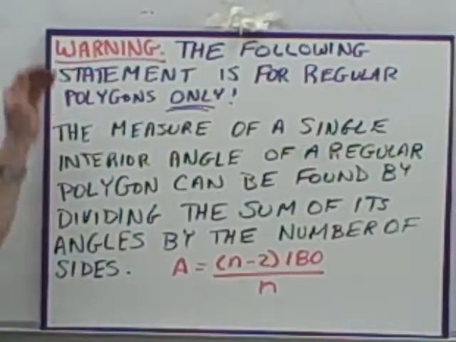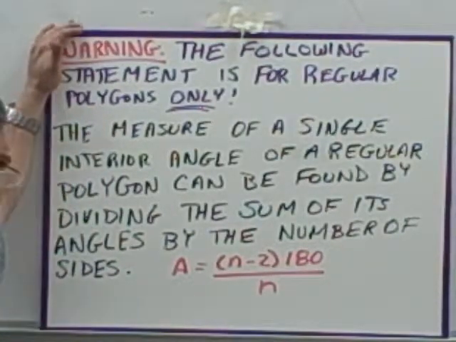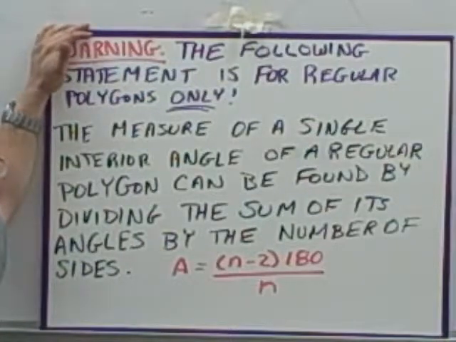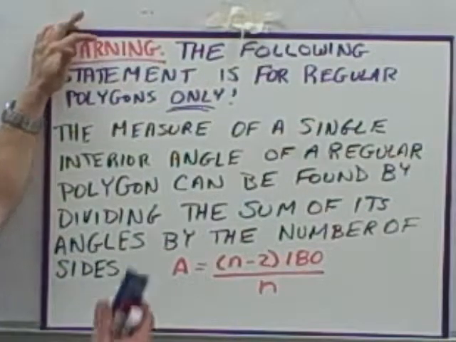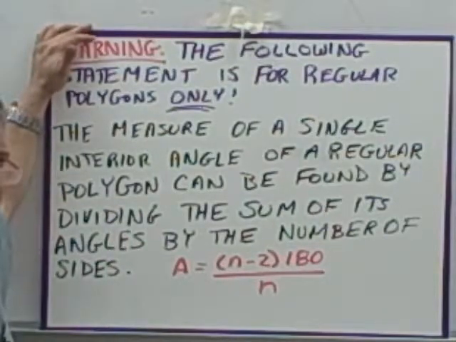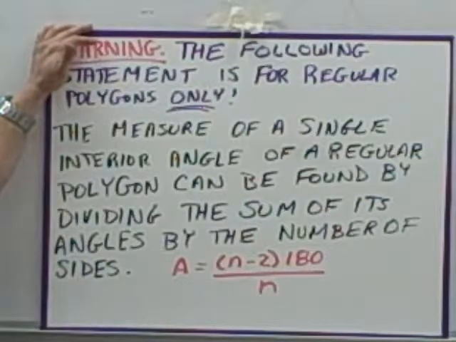Warning! The following statement is for regular polygons only. Regular polygons only, which means that this statement is only true for those where every side has the same length and every angle has the same measure.